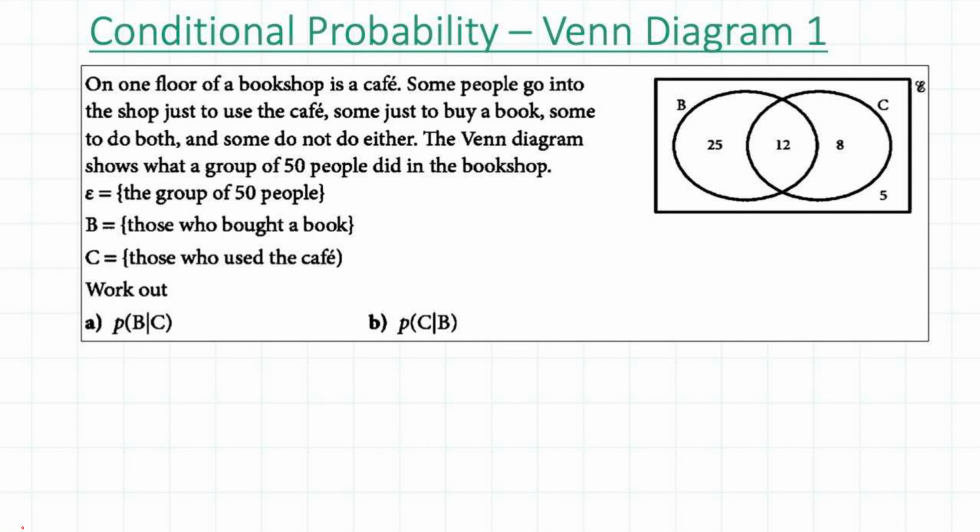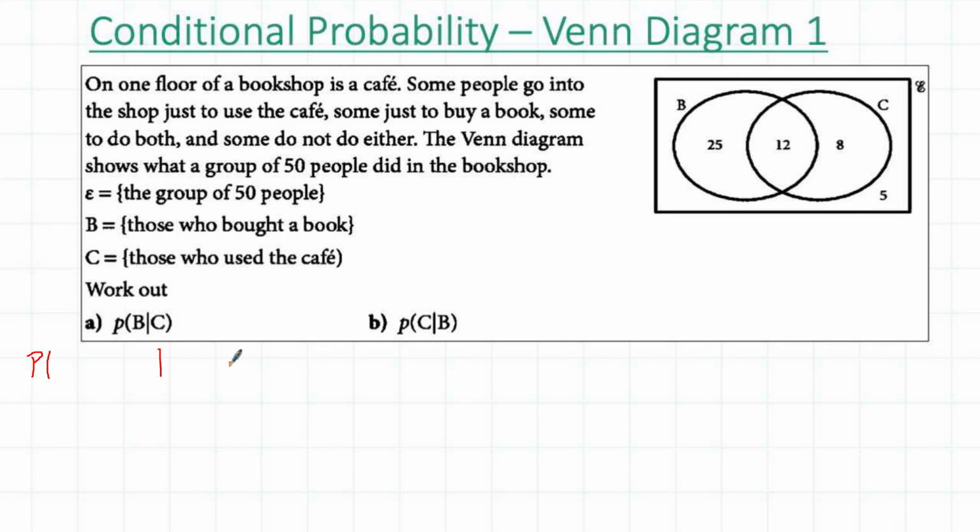What I'm going to do is word this out differently. What if it was a worded question? They would say, find the probability that, given that someone used the cafe, they went to buy a book. If I didn't have these letters specified, I would ideally write it out.